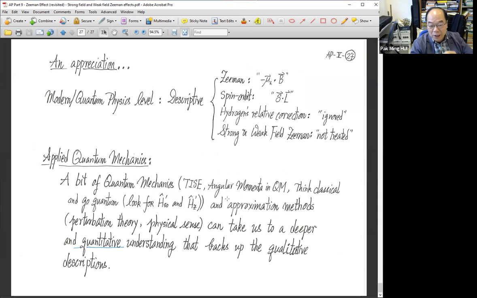And more importantly, we are equipped with a few not so fancy approximation methods. We do a lot of first order perturbation, not even the second order, right? But with this, we can do a quantitative treatment of these additional terms to the hydrogen atom problem, okay?